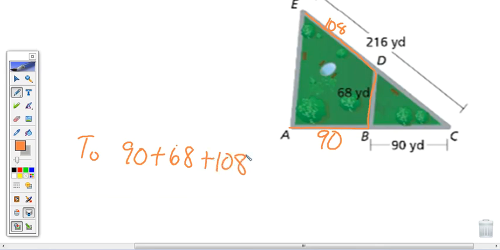But we have to return, kids, so we're going to times that whole mess by what? So 158 and 108, that's 266. But we need to take 266 times what since we returned? It's like walking the path twice. 2 times 266. Okay. I'm so good at mental math.